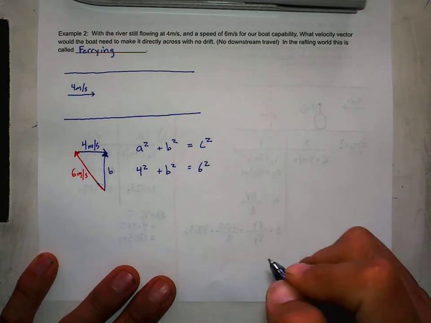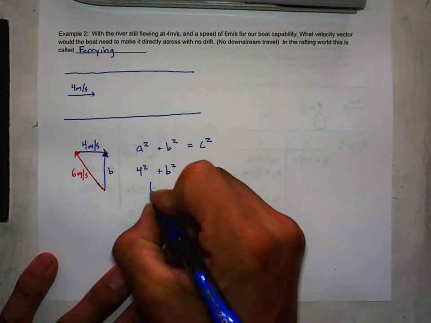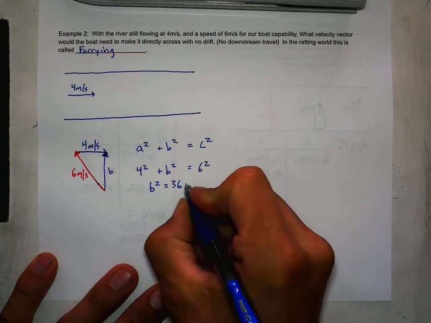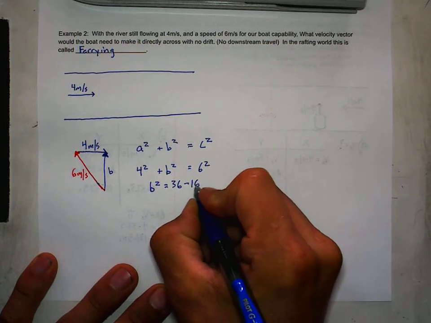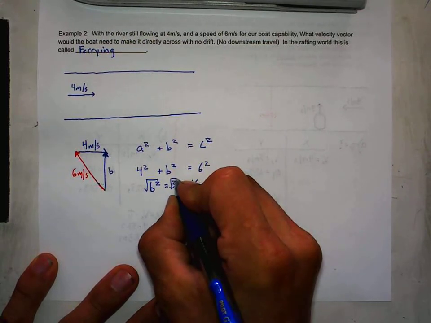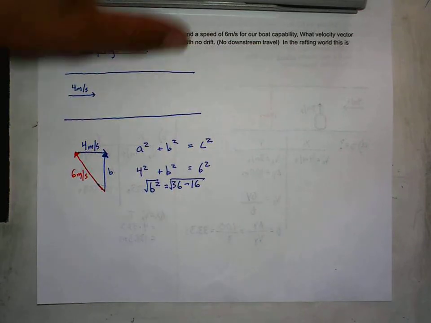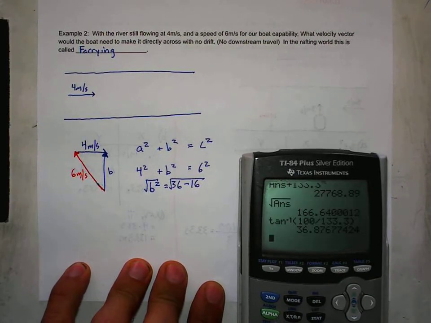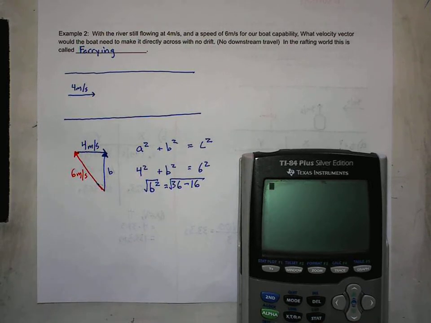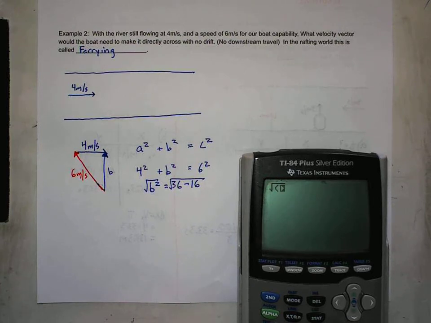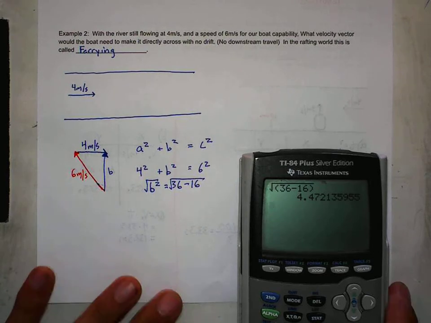So b squared is equal to 36 minus 16, and then we just have to square root both sides. Let's figure it out. Okay, looks reasonable.